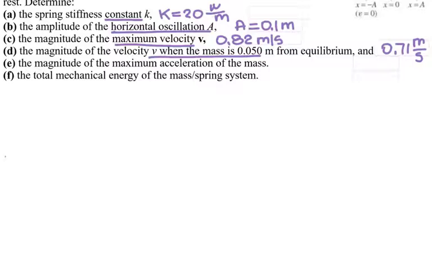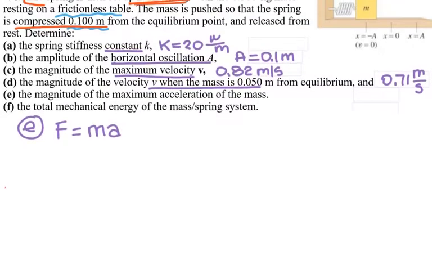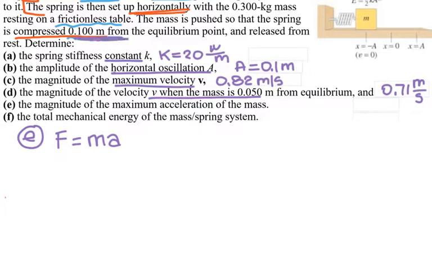The next one, they ask you the maximum acceleration of the mass. For E, I can say that the force is equal to ma. The maximum force is acting when you have the maximum stretch, the one that is 0.1 meters. So kx at the maximum stretch is where the maximum force is acting, and that will give you the maximum acceleration.